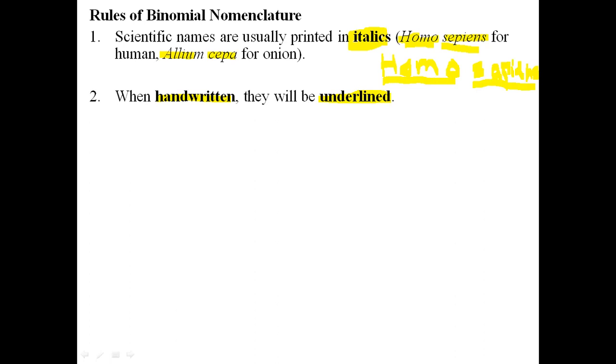We cannot underline both names together with a single line. This will be incorrect. So the proper way is to underline Homo separately and sapiens separately.